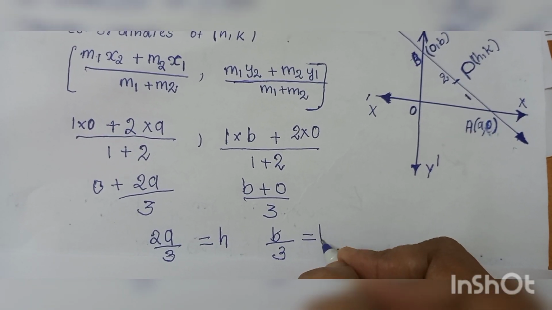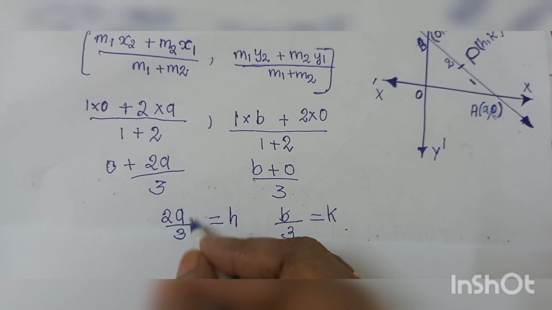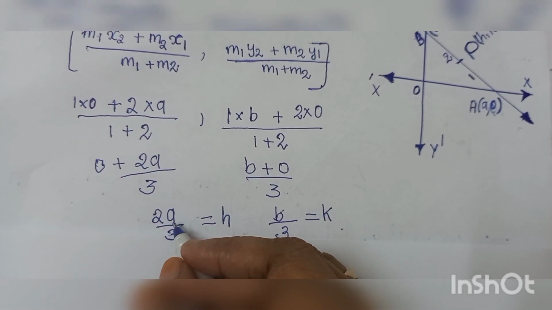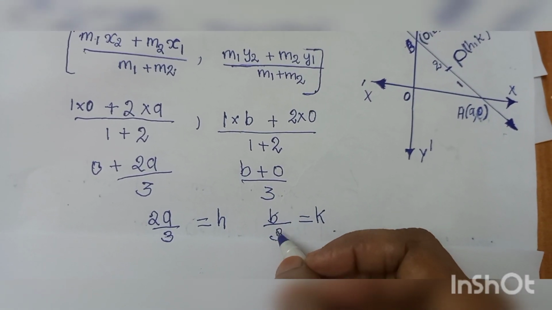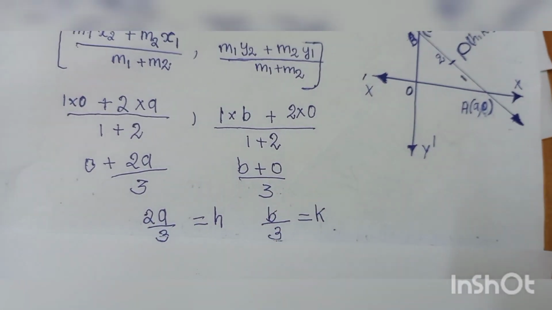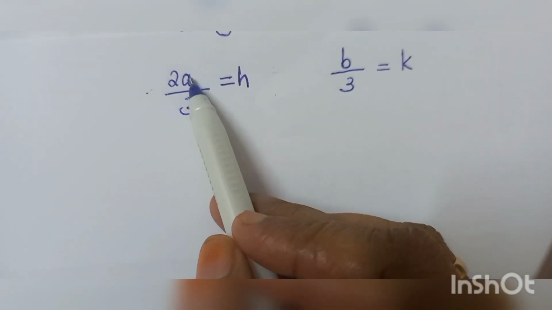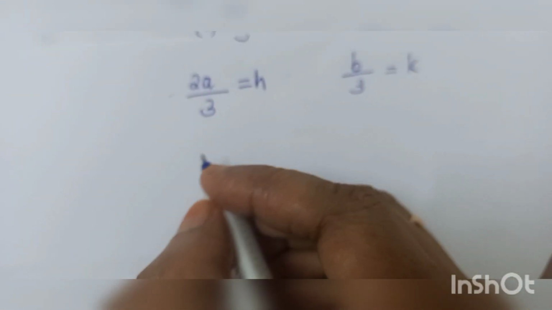We want to find a and b. So we get 2a by 3 is equal to h, b by 3 is equal to k.